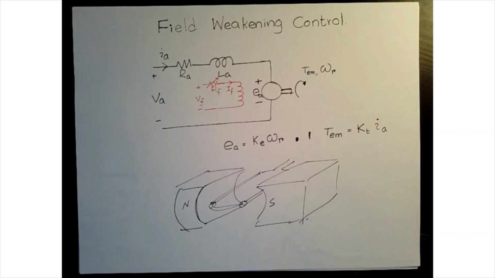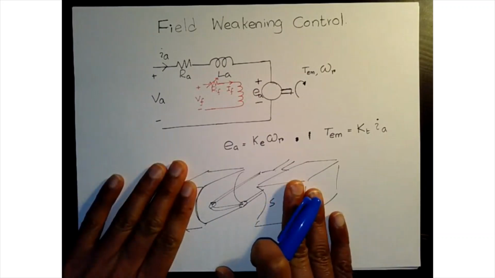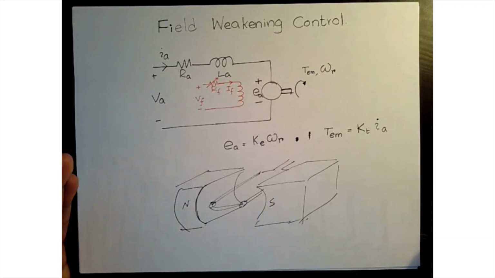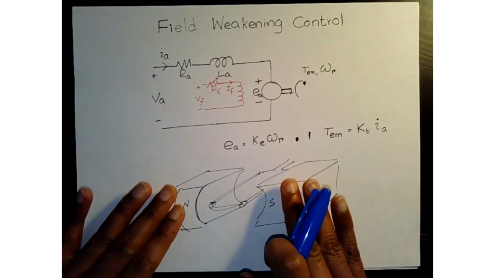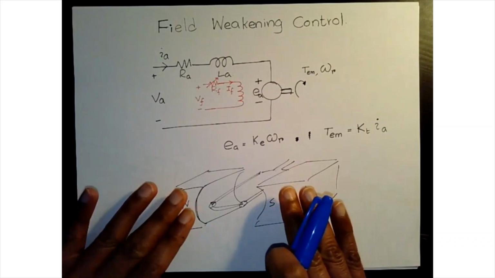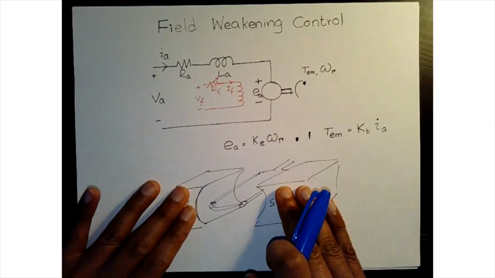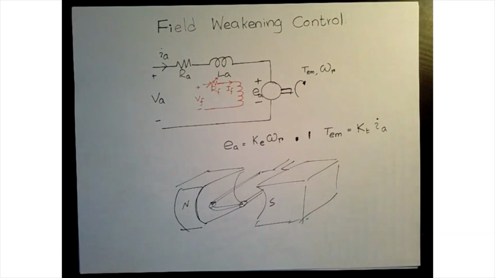Now imagine us getting rid of this north and south, and replacing them with electromagnets. Okay, electromagnets. Now you can control the magnetic flux or the flux density as well as the amount of flux generated by those electromagnets, and they're not going to be fixed like the permanent magnets.